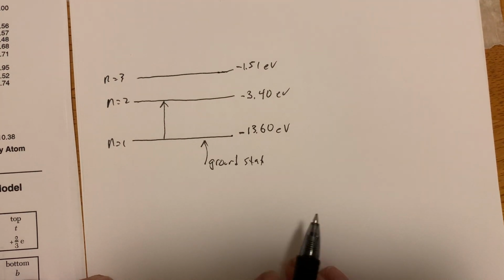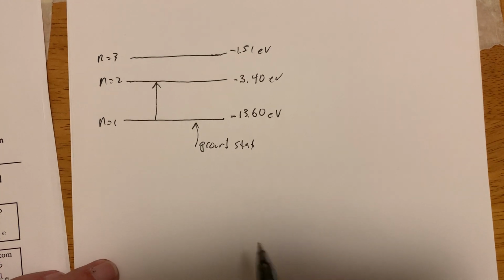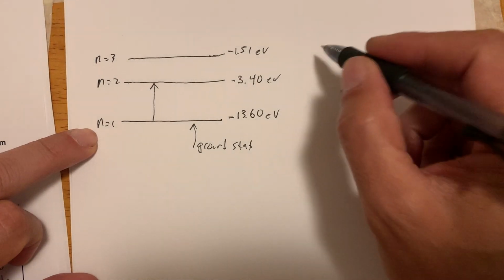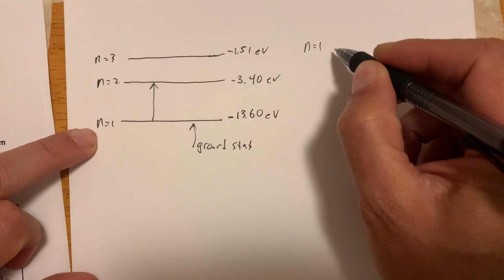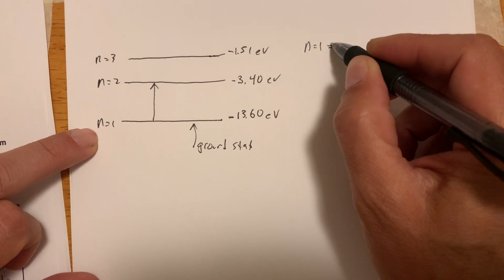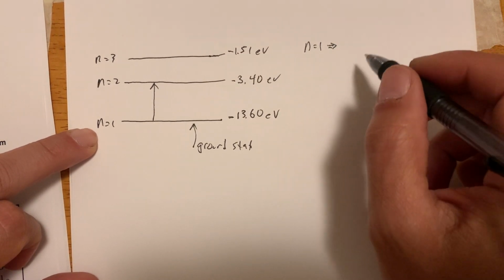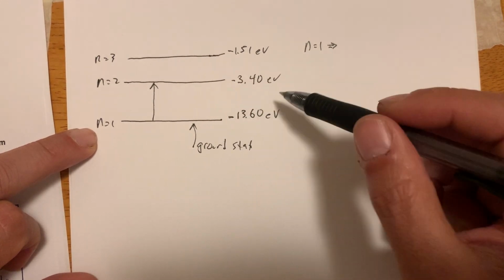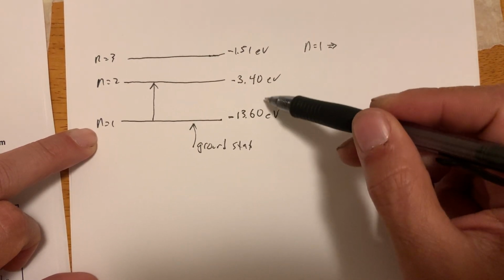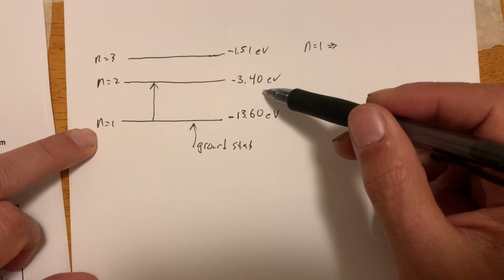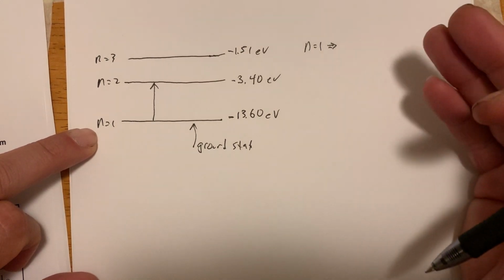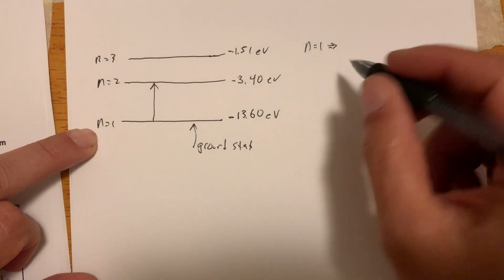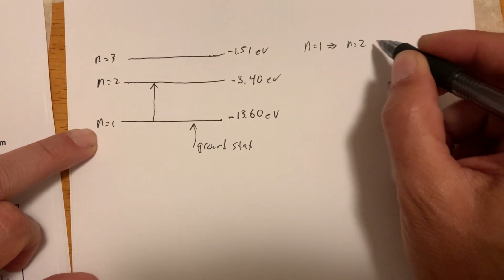So let's pose a question. If an electron is at n equals 1, how much energy must it absorb? In this particular case, think about this. It's getting less negative. Less negative means it's gaining energy, right, to go from n equals 1 to n equals 2.